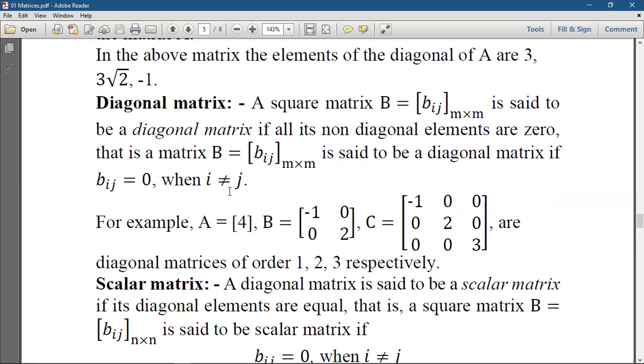Look here: B11, where i equals j, is not 0. B22, where i equals j, is not 0. But B12, where i is not equal to j, is 0. And B21, second row, first column, where i is not equal to j, is also 0.